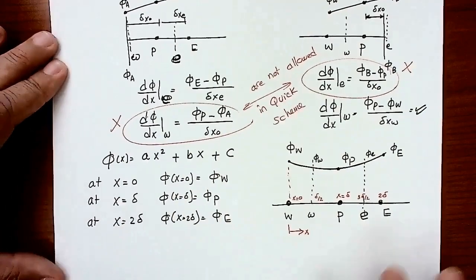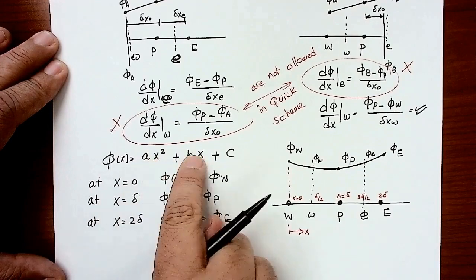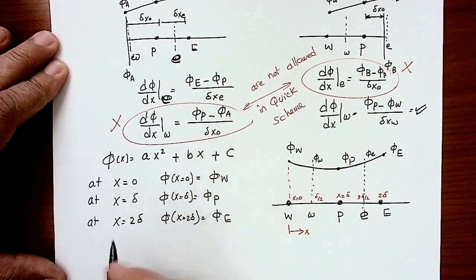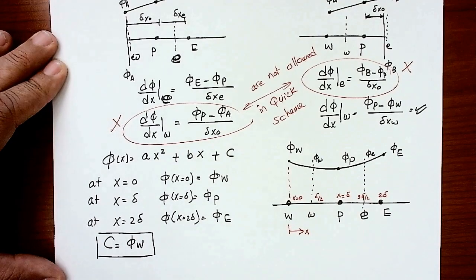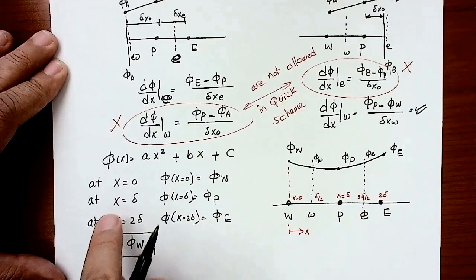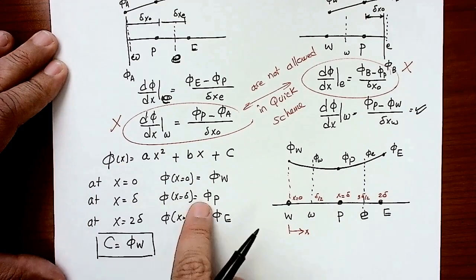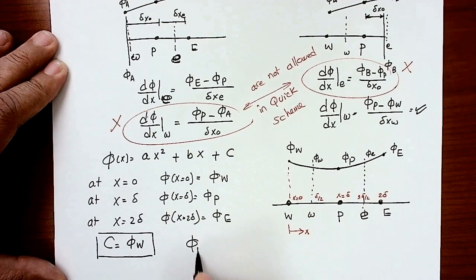So let's substitute here. I'm going to put x equals 0, phi is equal to phi west. So I got C is equal to phi west. That's my first coefficient. Let's go for the second coefficient, which is x equal delta. I will replace phi by phi P. So phi P is equal to A delta square plus B delta plus C, and I got C equal phi west.